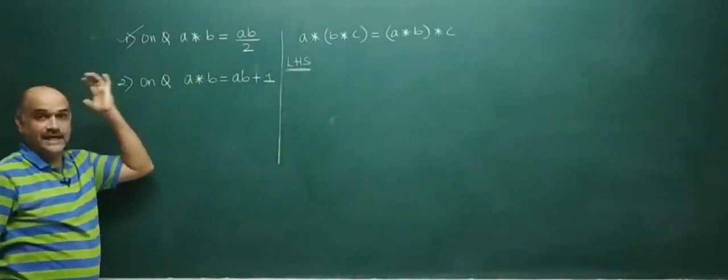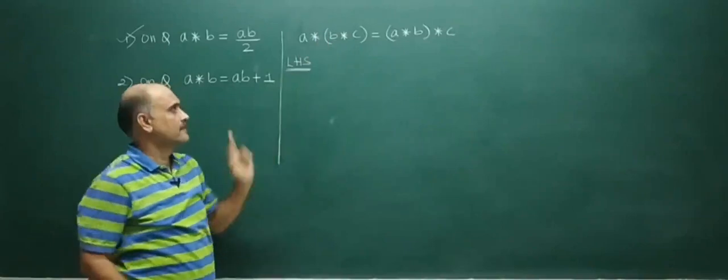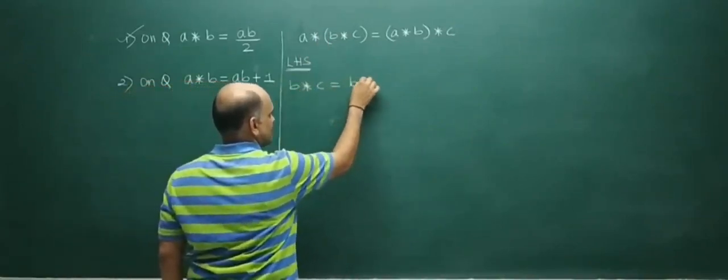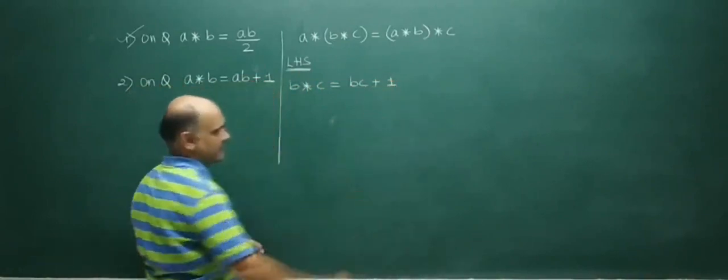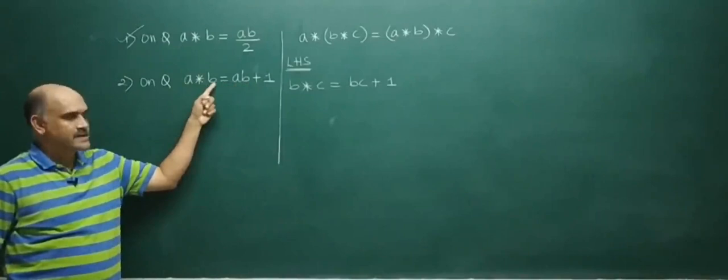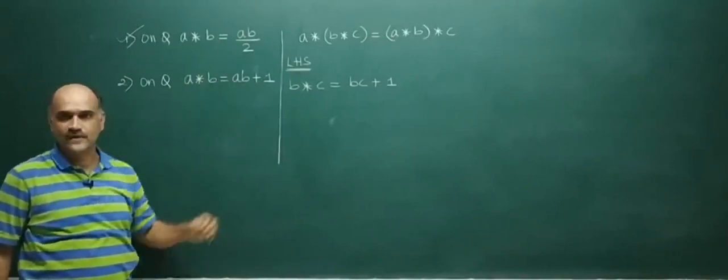While solving LHS, first you are required to solve B star C. By definition, B star C will be equal to BC plus 1.